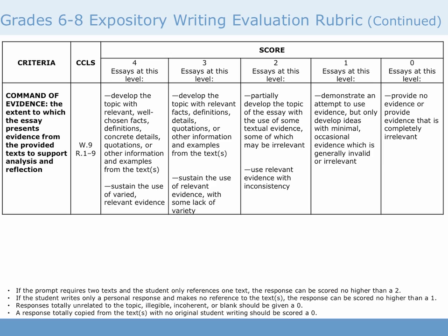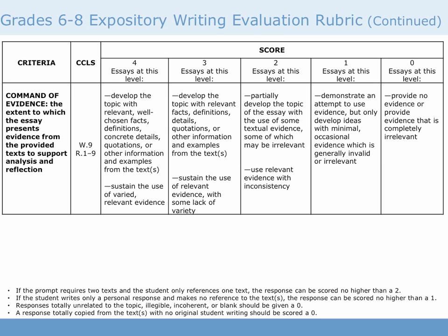At a 2, students partially develop the topic of the essay with the use of some textual evidence, some of which may be irrelevant. And at a level 1, they demonstrate an attempt to use evidence, but only develop ideas with minimal occasional evidence, which is generally invalid or irrelevant. Finally, at a level 0, students provide no evidence or provide evidence that is completely irrelevant.